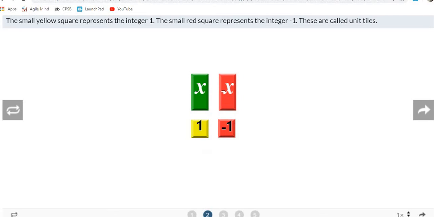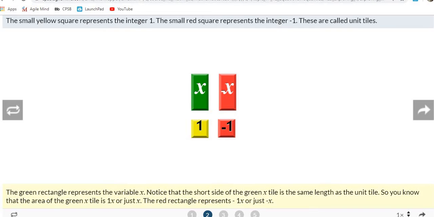Well, obviously the rectangle, you're going to have a rectangle with a positive x, a rectangle with a negative x, then a square with a positive 1, then a square with a negative 1. You're drawing that for number 1. That's what our shapes stand for.